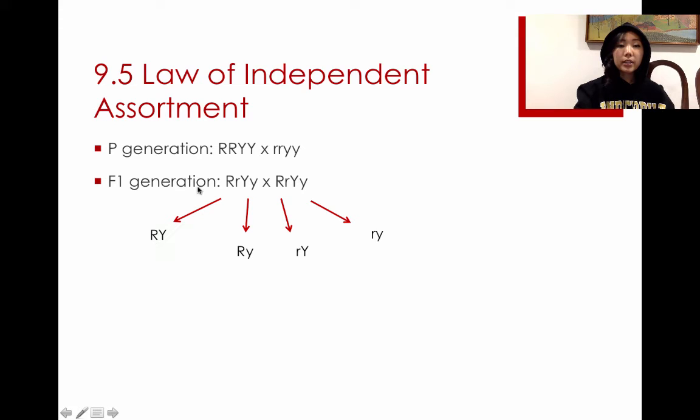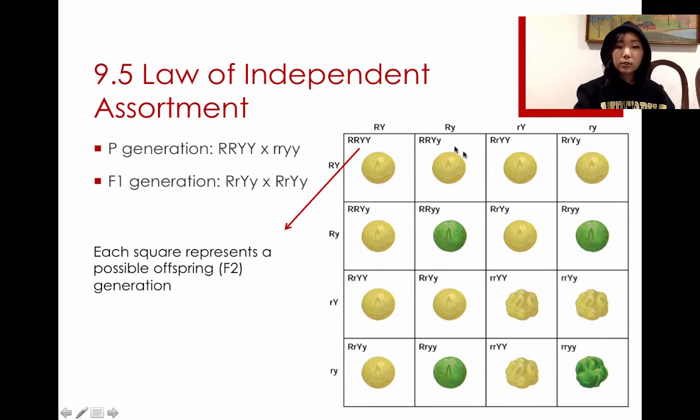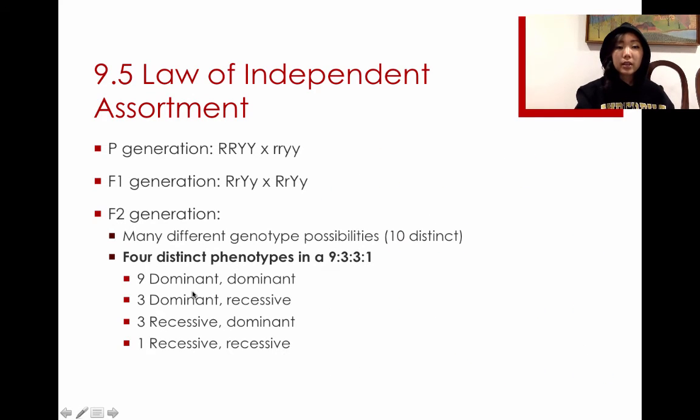And remember, each of these parents can produce 4 possible different combinations for its sex cells. And so when you cross these different combinations for the parent sex cells, you get the F2 generation. The F2 generation can be any one of these little squares. So any one of these little squares represents a possible offspring for the F2 generation.